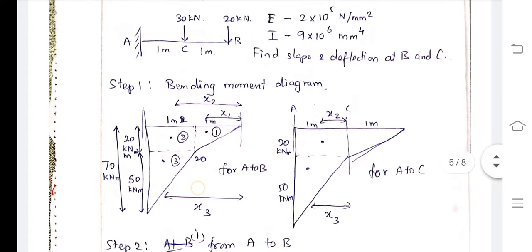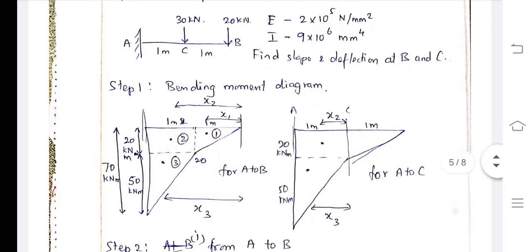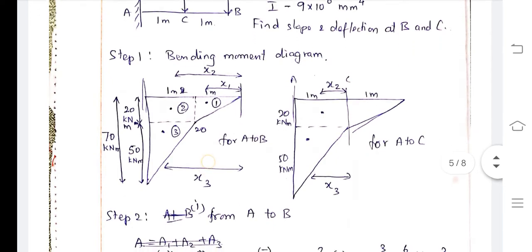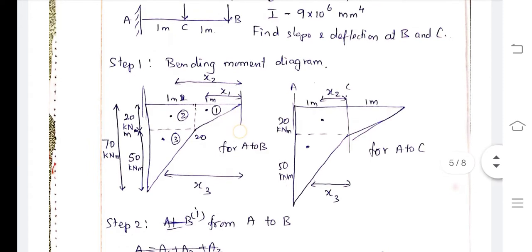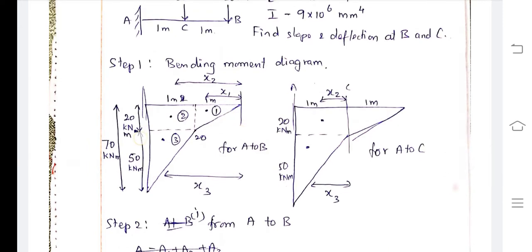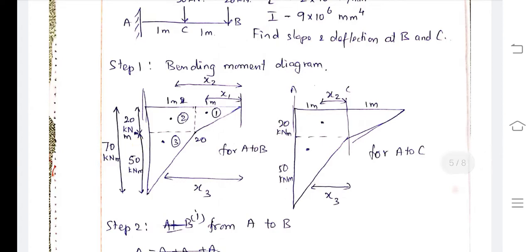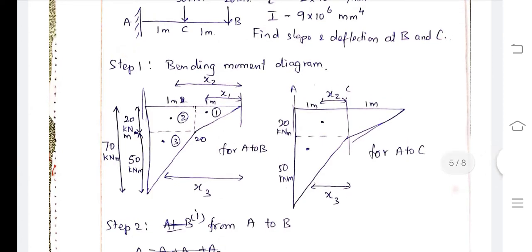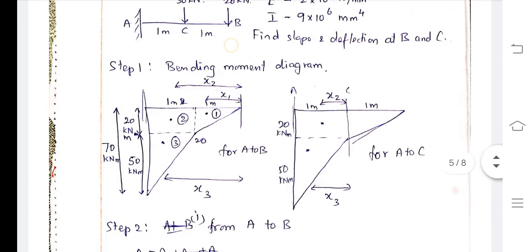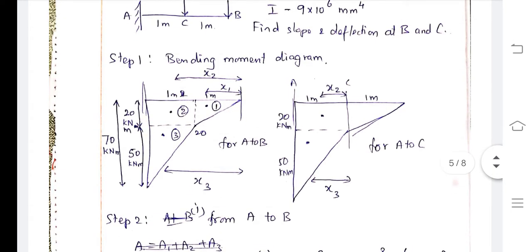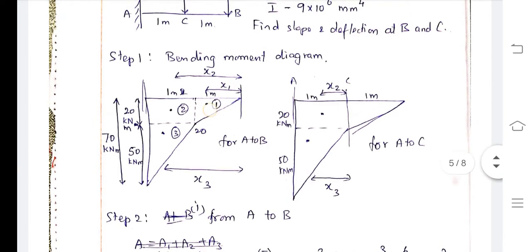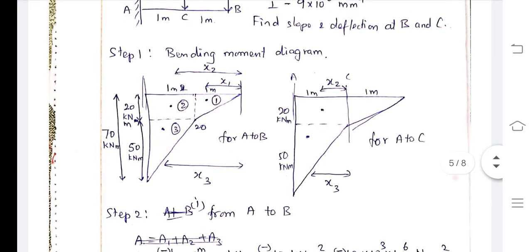So first, you can see that slope and deflection have to be found between A and B, and also A and C. First, this diagram is for choosing the B point. You have to choose 2 points, that is, the fixed support A, and another point to find the deflection, that is B. So I am going to take the area between A and B. For that there are A1, A2 and A3, three areas and corresponding X bars.